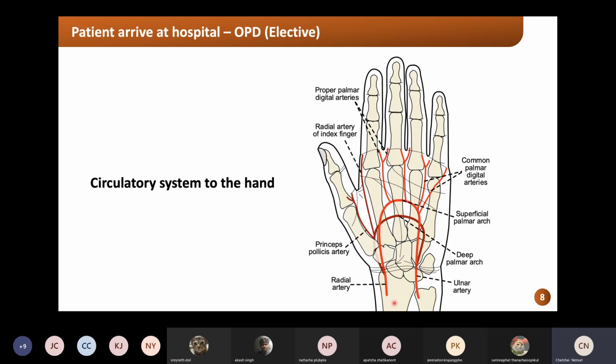So once the radial artery is blocked when we perform the Allen test, we ensure that another artery, the ulnar artery, will perfuse the peripheral tissue of the hand, thumb and index finger.